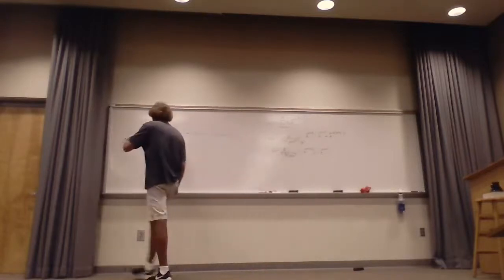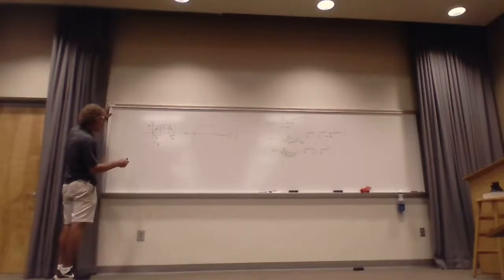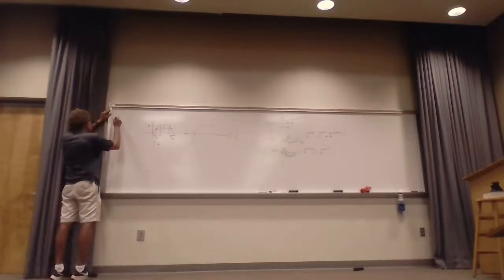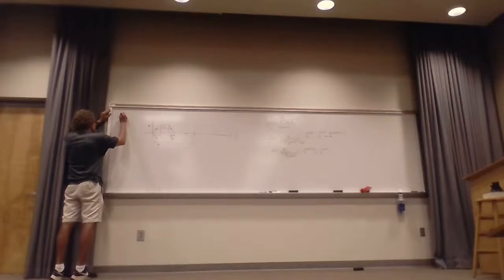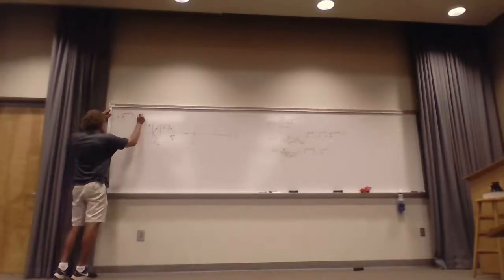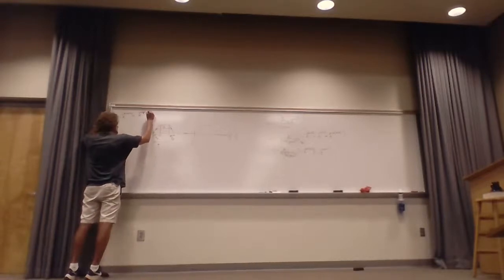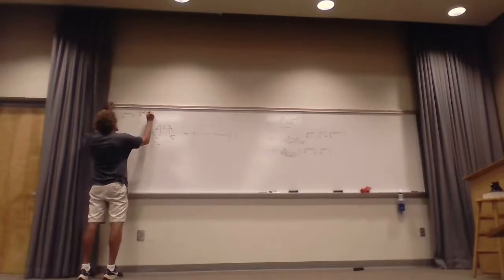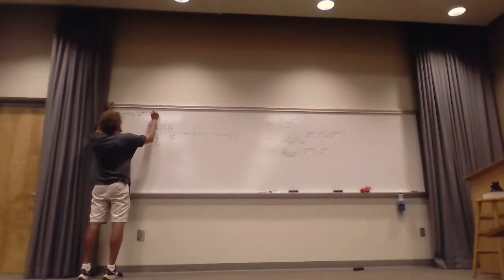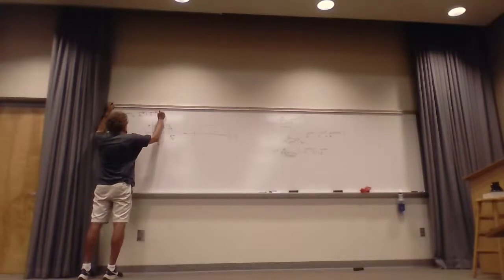Let me do it up here first. I know I'm going to have 1 minus e to the minus j n omega naught tau rise equal to e to the minus j n omega naught tau rise over 2 times e to the plus j n omega naught tau rise over 2 minus e to the minus j n omega naught tau rise over 2.